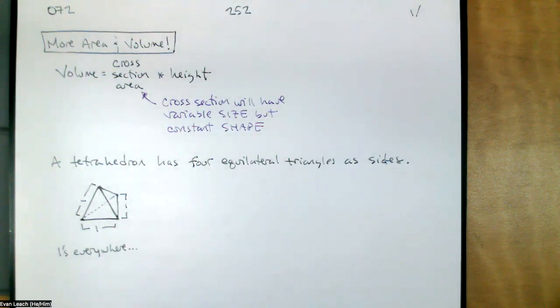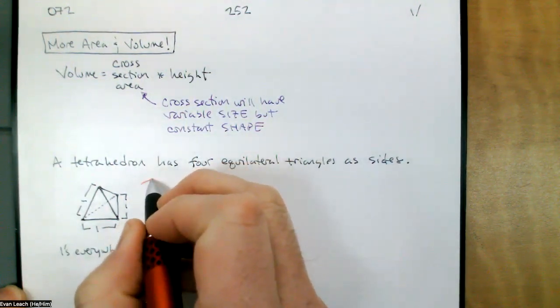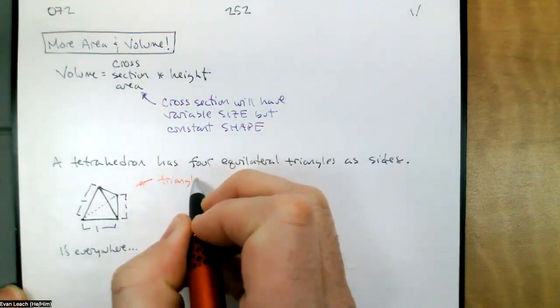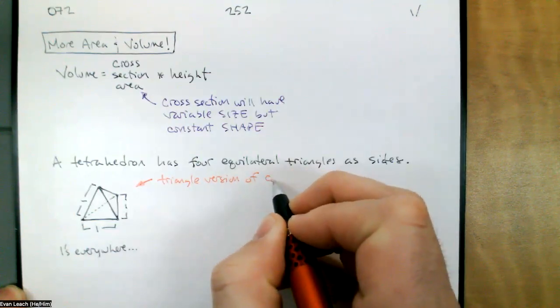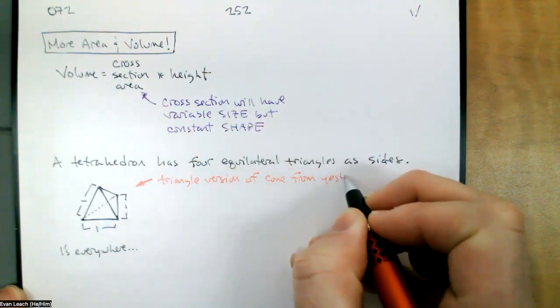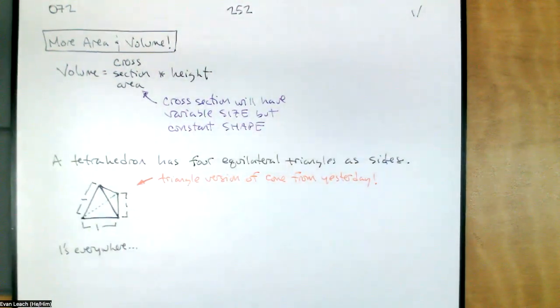So the first thing that we want to notice is that this is just a triangular version of the cone from yesterday.